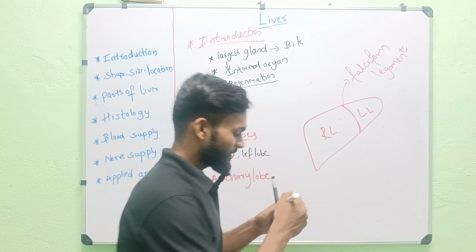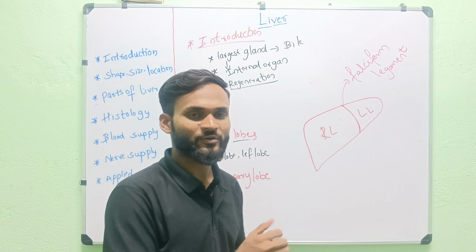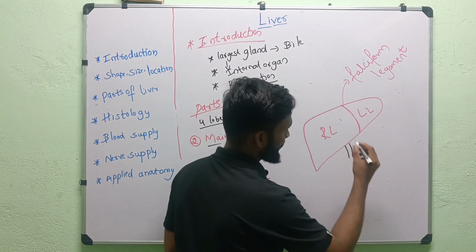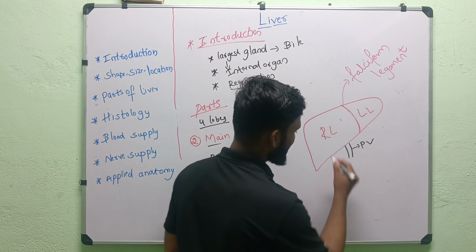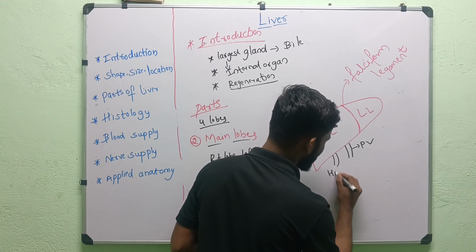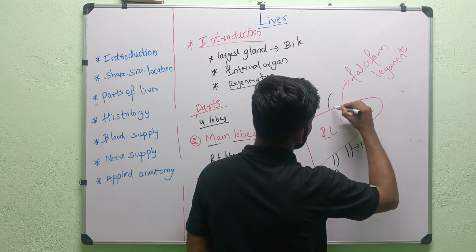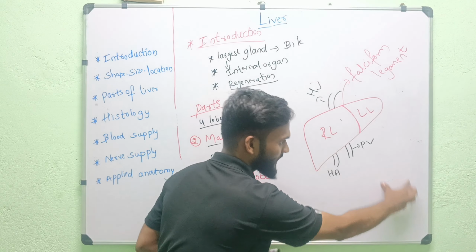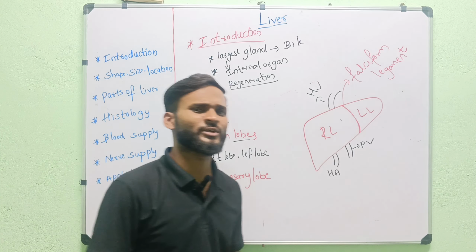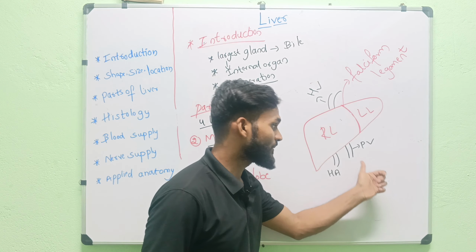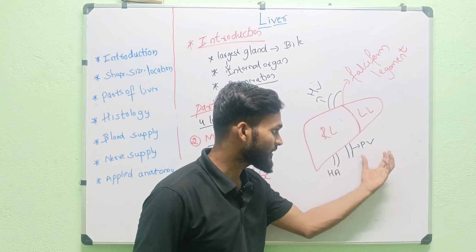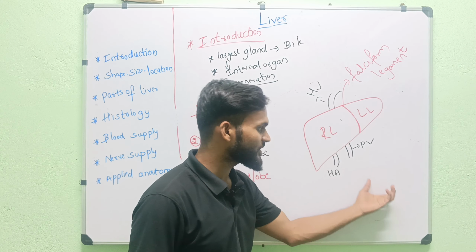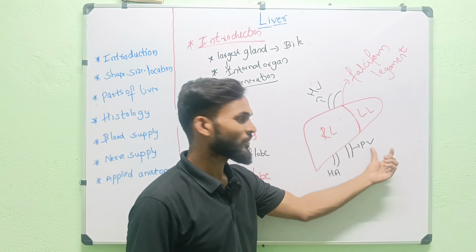There are major arteries and veins that enter your lobes: the portal vein, the hepatic artery, and the hepatic vein. The portal vein carries the unpurified, deoxygenated blood from your GI tract, but this blood is high in nutrition because it comes from your GI organs, where it absorbs the nutrients. It enters your liver through the portal vein.